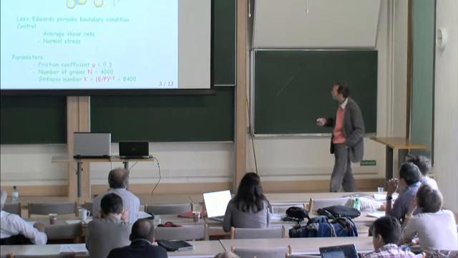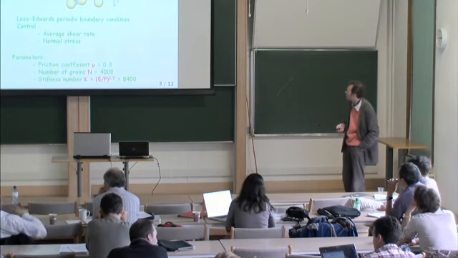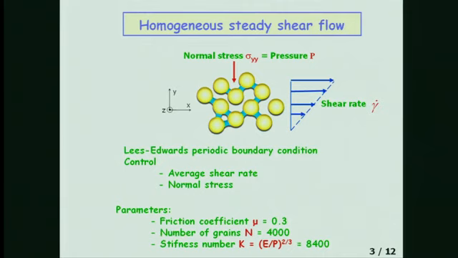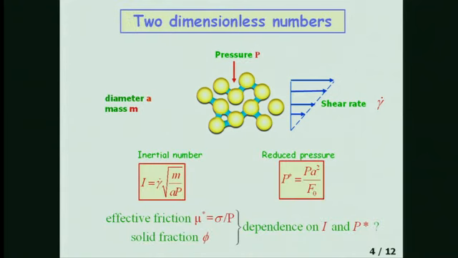We have frictional grains, with a number of grains of 4,000, and we are in the rigid contact limit, so a high stiffness number. The rheology of this system will be described by both the inertial number and another dimensionless number, which describes the intensity of cohesion.